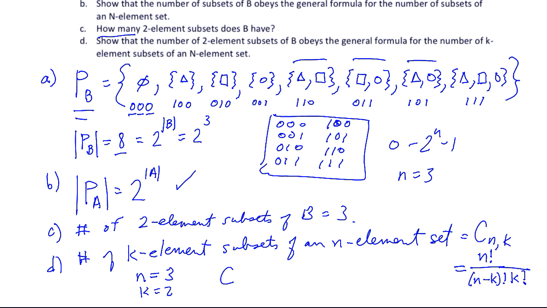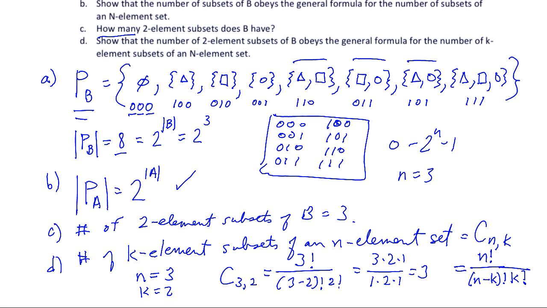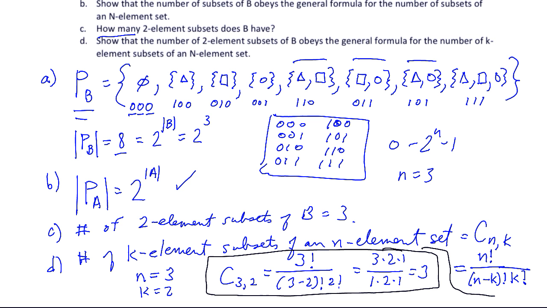C(3, 2) is 3 factorial over 3 minus 2 factorial, 2 factorial, which is 3 times 2 times 1, all over 1 factorial, 2 factorial, 1 times 2 times 1, which is 3. I'll separate this off so it doesn't interfere with my other equal sign over here. Okay, and so that works. The number is 3, and that obeys the general formula.